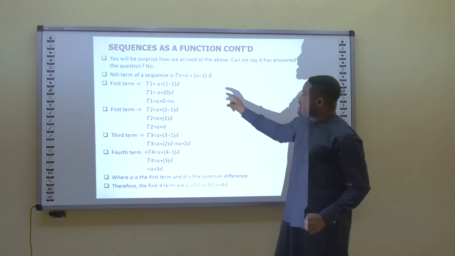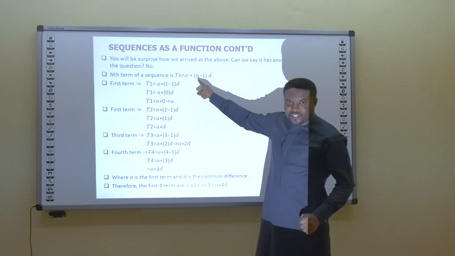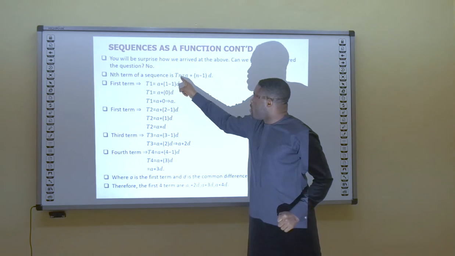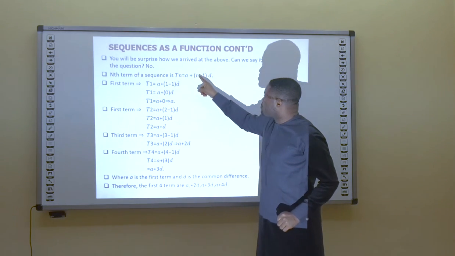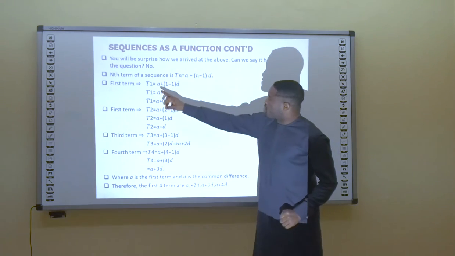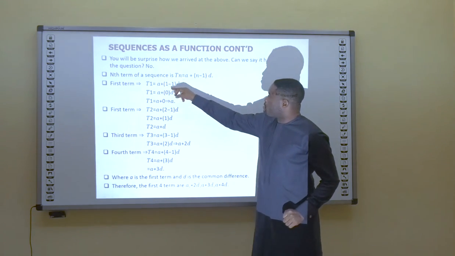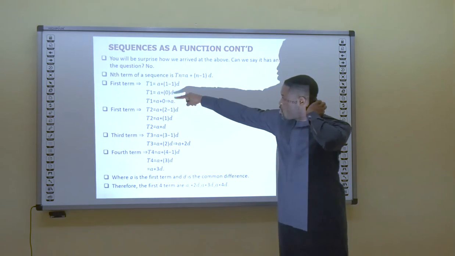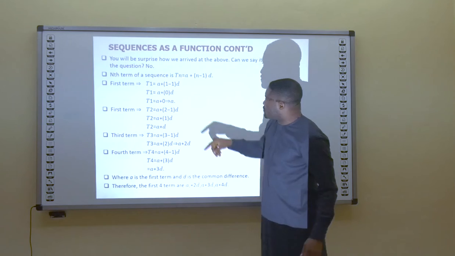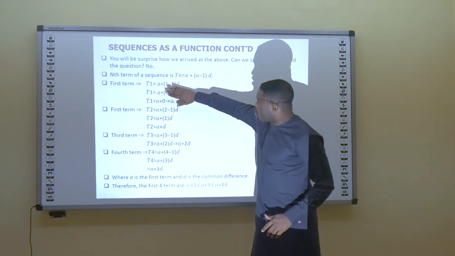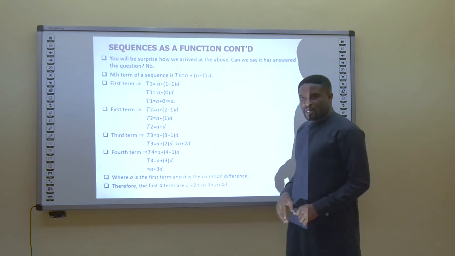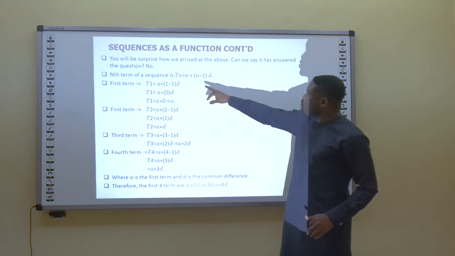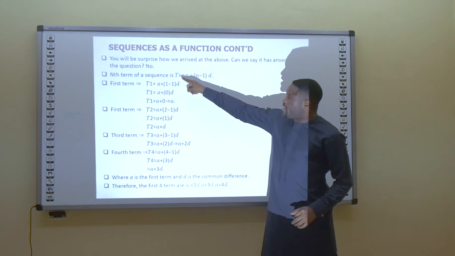Now, if we take the first term and assume that n is equal to 1, then when we substitute 1 into n here, and also substitute 1 into n here, we will have T1 is equal to A plus bracket 1 minus 1, D. And now when we take the product of 0 by D, it becomes 0, and then we just have T1 as A. Now the next thing to do is to substitute when n is equal to 2.